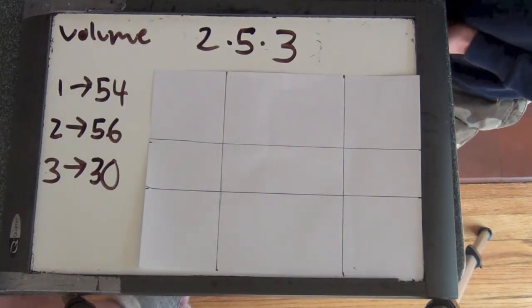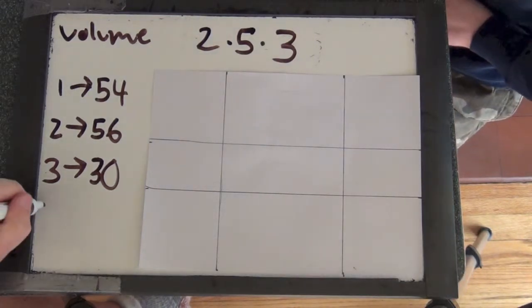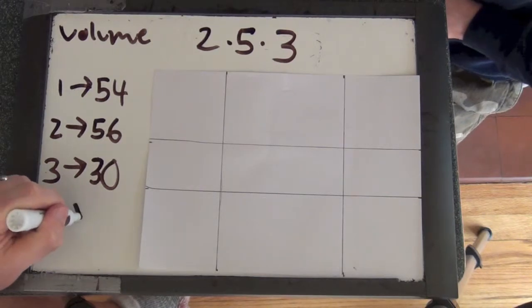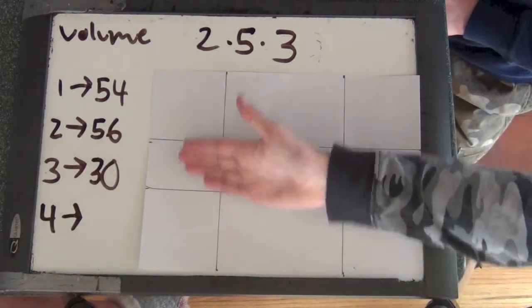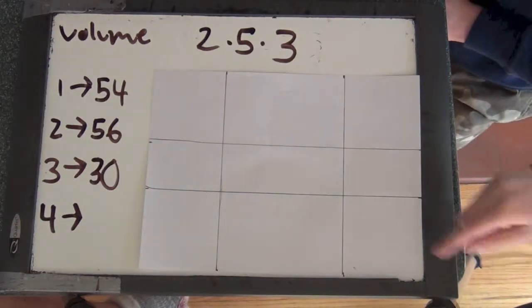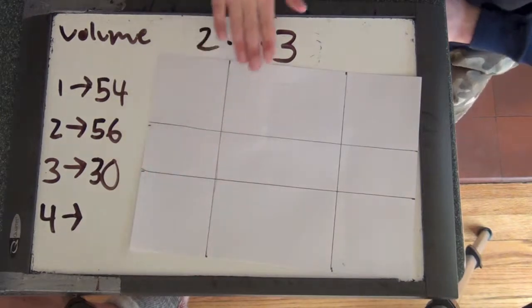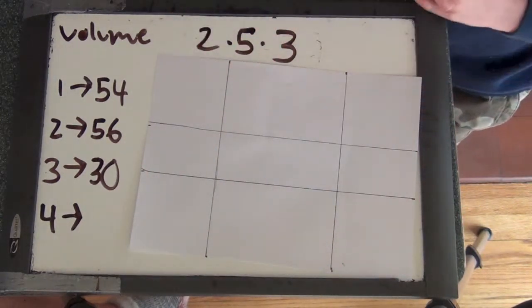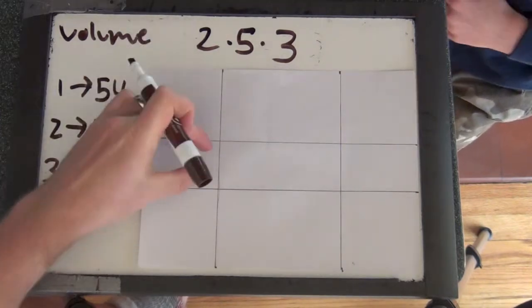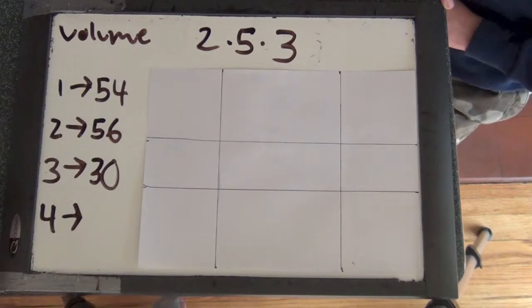Now, I want to fill in 2 extra little bits before we go on to the next step. What would happen if I cut out 4-inch squares from the corners? You wouldn't have anything here, because this is 8. So what would the length of my box be? It wouldn't be any. There would be 0.